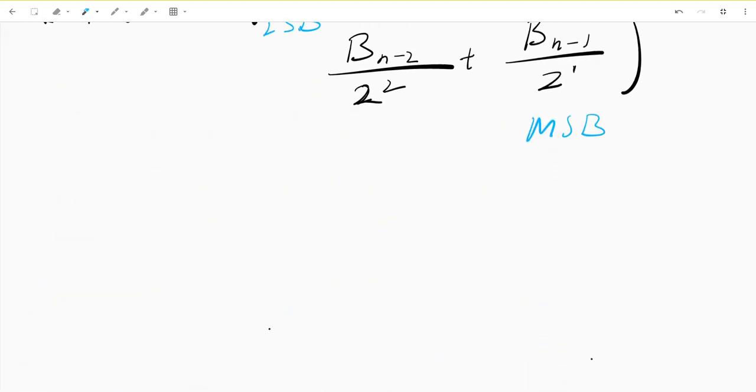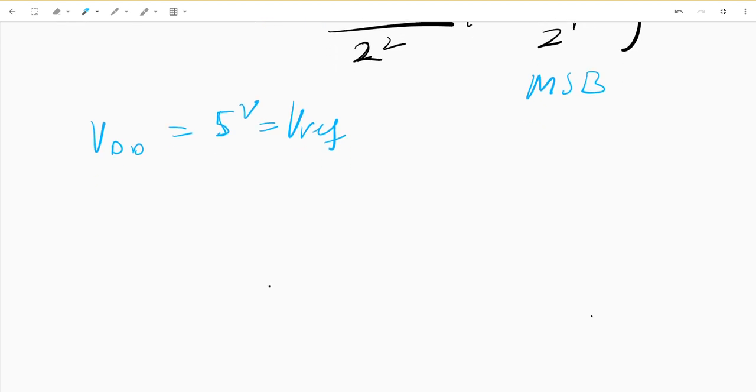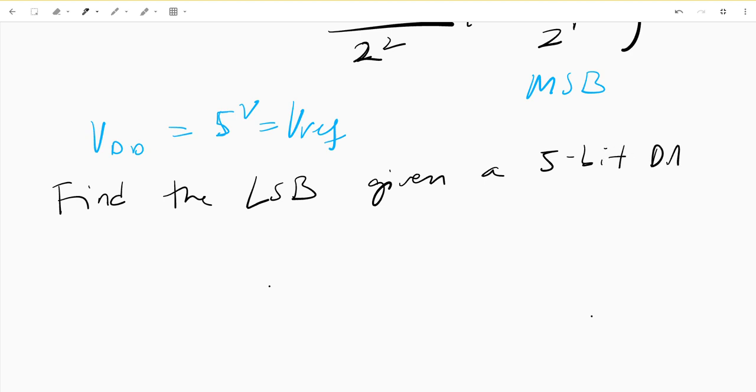So if we say that VDD is equal to 5 volts, or again, Vref is equal to 5 volts, and we want to find the least significant bit given a 5-bit DAC and a 10-bit DAC.